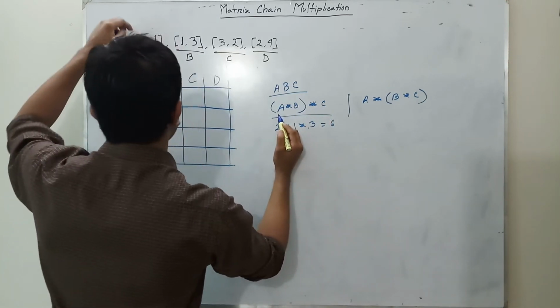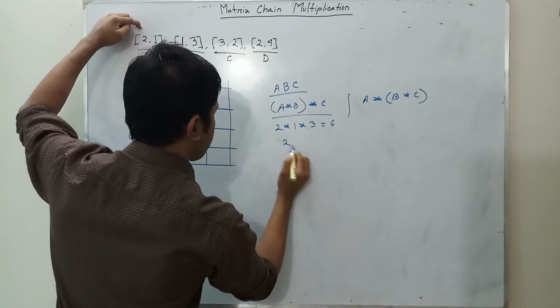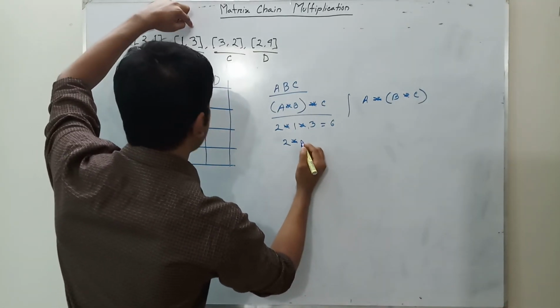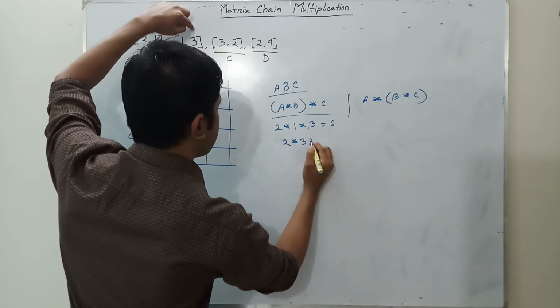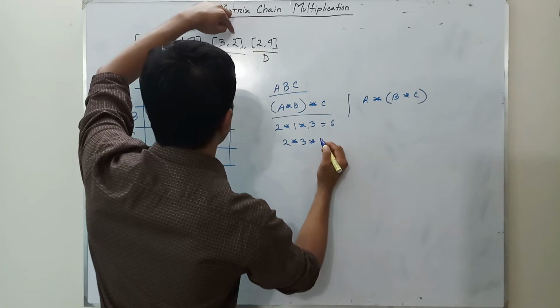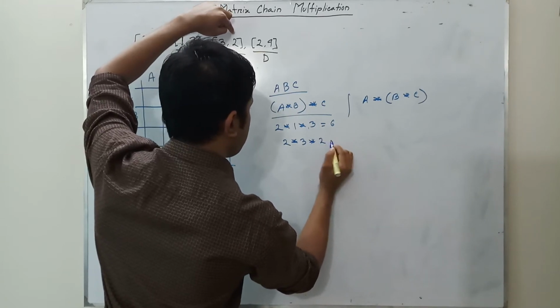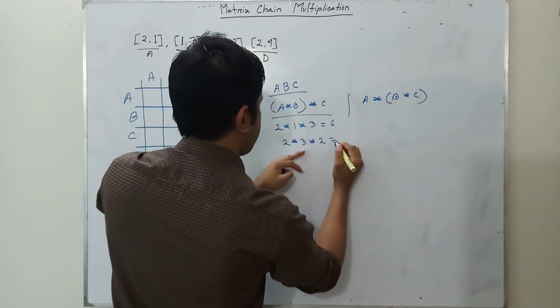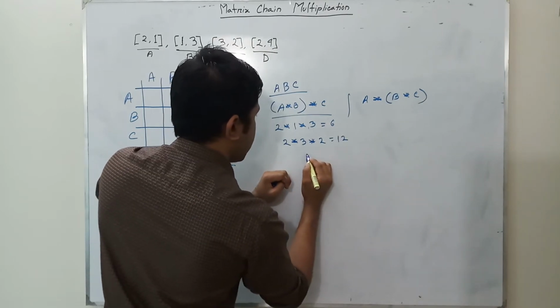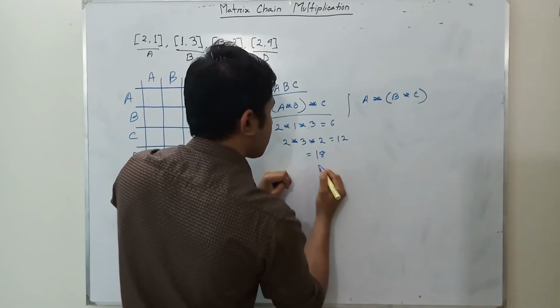The resulting matrix number of rows 2 into its number of columns 3 into the second matrix's number of columns 2 equals 3, 6, 12. So the total number of operations we need here is 18.